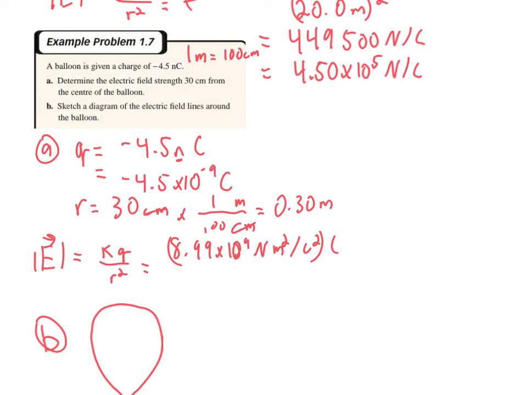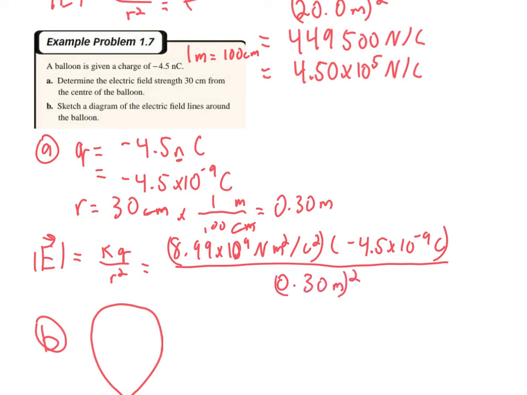And we're going to be multiplying that by negative 4.5 times 10 to the negative 9 coulombs, and then dividing that all by 0.30 meters squared. And we land up with an answer here of 4.5 times 10 to the, I think it's 2 newtons per coulomb.